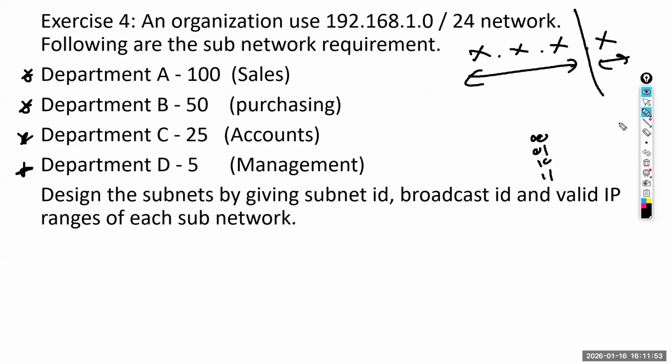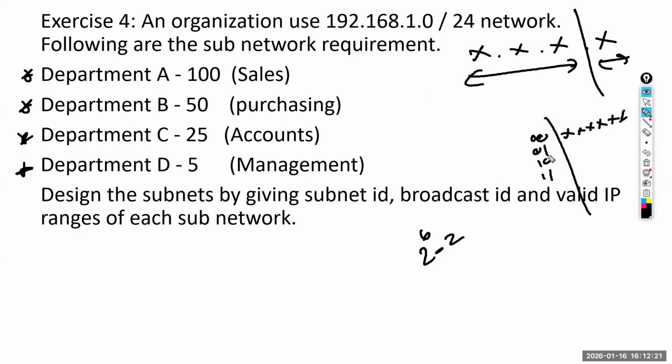But what happens when you borrow 2 bits? You have 6 bits to play, because you borrow 2 bits out of 8, then you have 6 bits for the machines. So 6 bits means you can have only 2 to the power 6 minus 2 machines, because remember, the first and last IP addresses are reserved as net ID and broadcast ID.